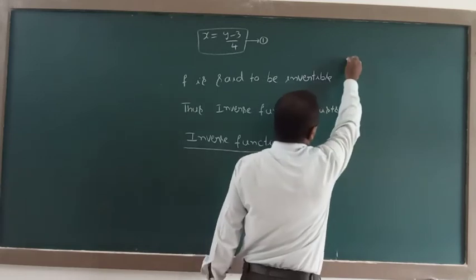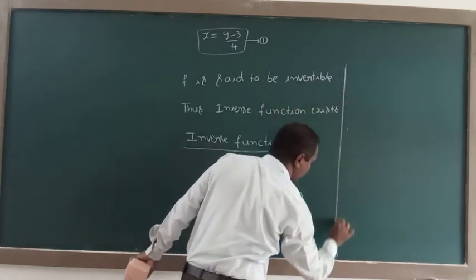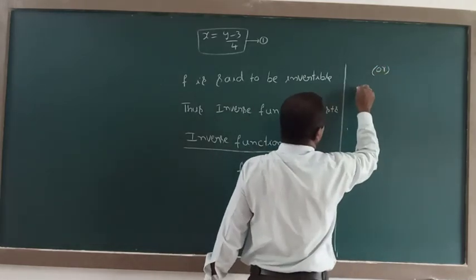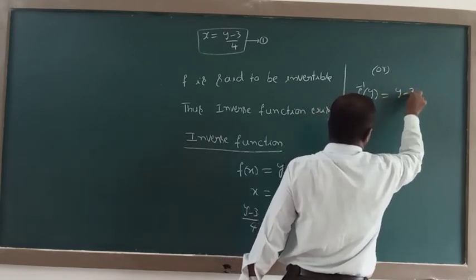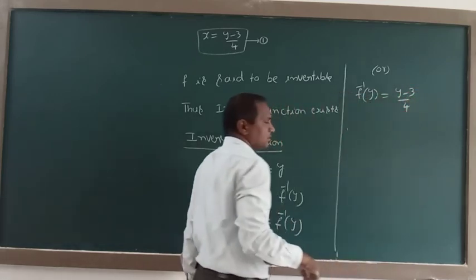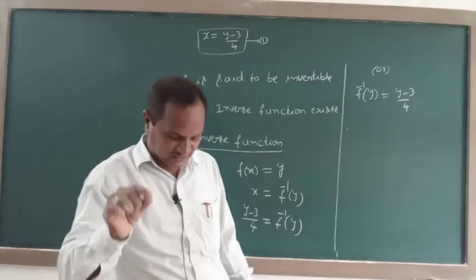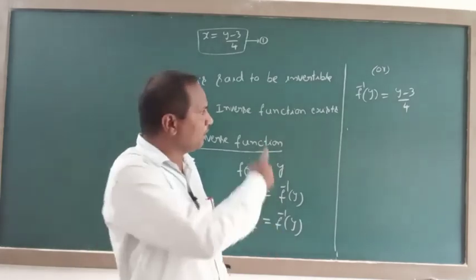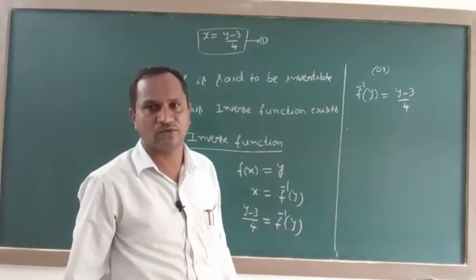Or we can write f inverse of y is equal to y minus 3 by 4. But the problem is given in terms of x, so we must give the answer in terms of x only. We got f inverse of y is equal to y minus 3 whole divided by 4.